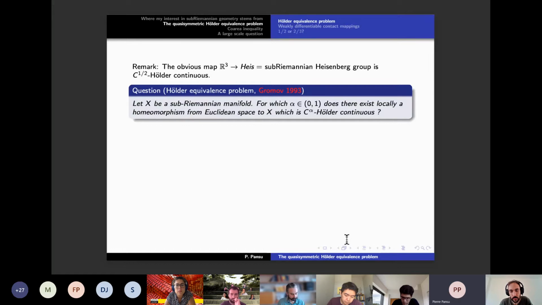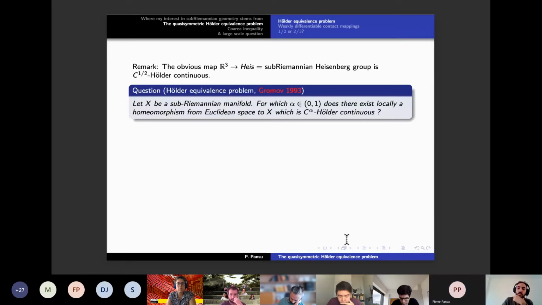So start with the Carnot group. Then you can form a semi-direct product, which will become a Lie group of one more dimension, a solvable Lie group. And this admits a Riemannian metric of negative curvature, whose boundary is the Carnot group you started with.